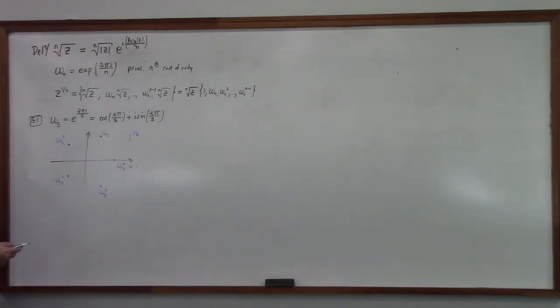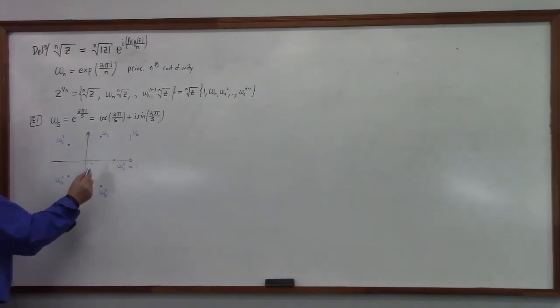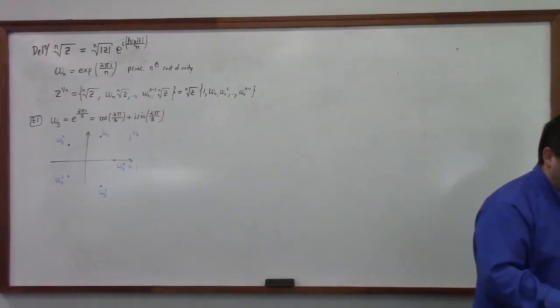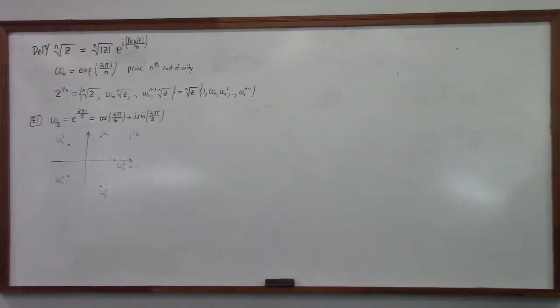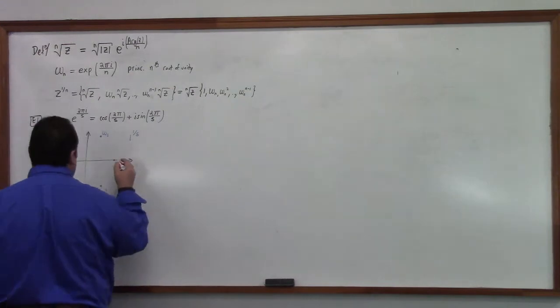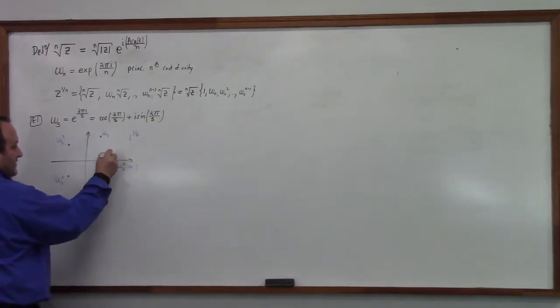So these 5th roots of unity, they're on the unit circle, right? And for what it's worth, they do come in conjugate pairs. If you added together all of these, you'd get 0, right?